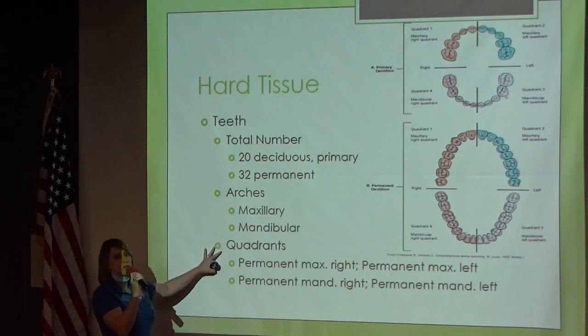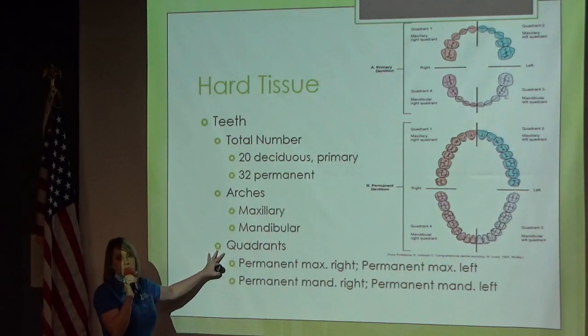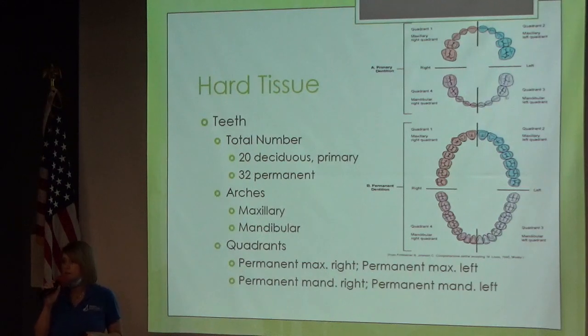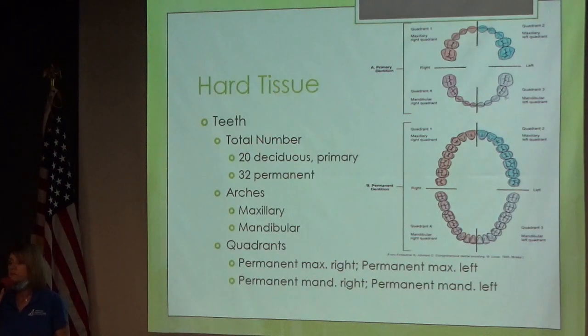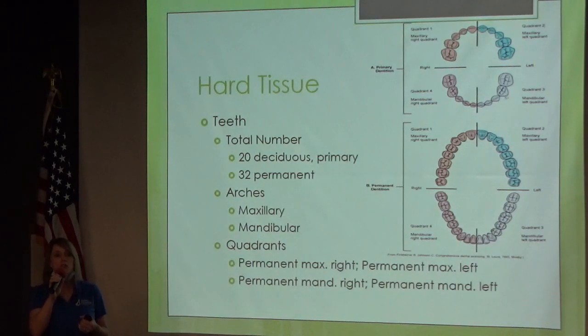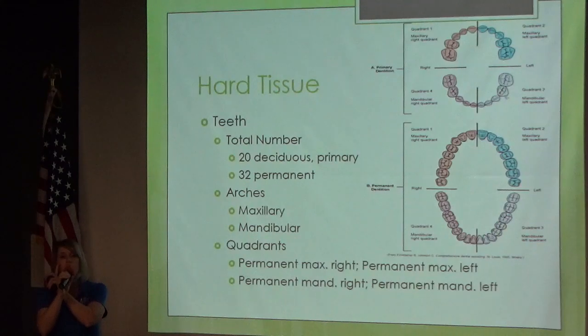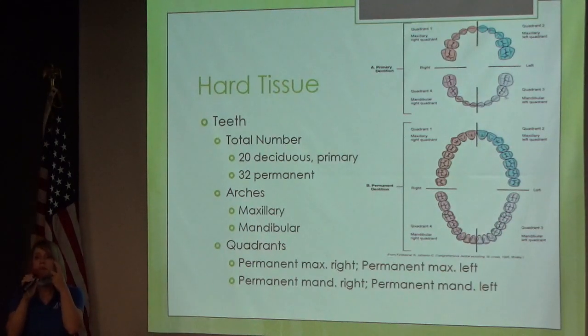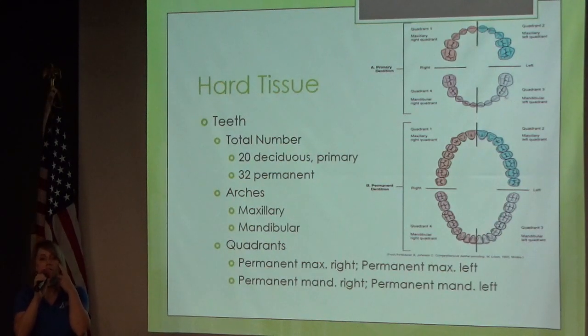The other thing that you see here is the picture also has it divided into quadrants. So how many quadrants do we have? 4. And they're referred to as maxillary right, and then this is the maxillary left, which is on the upper. We have mandibular left and mandibular right.